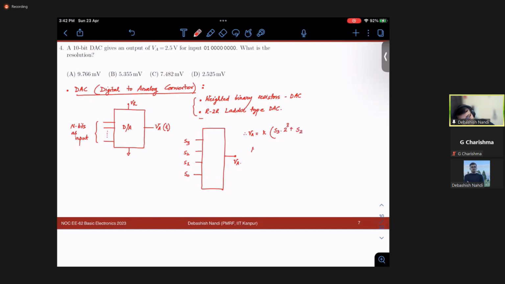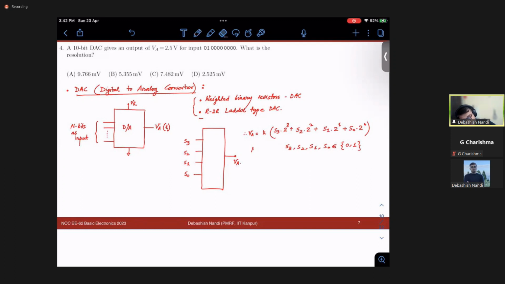Then your S2 into 2 square plus S1 into 2 to the power 1 plus S0 into 2 to the power 0. Here S3, S2, S1 and S0 belong to the set of 0 and 1. It can be either 0 or 1, just as the binary form. Your digital nature are zeros and ones only, right?